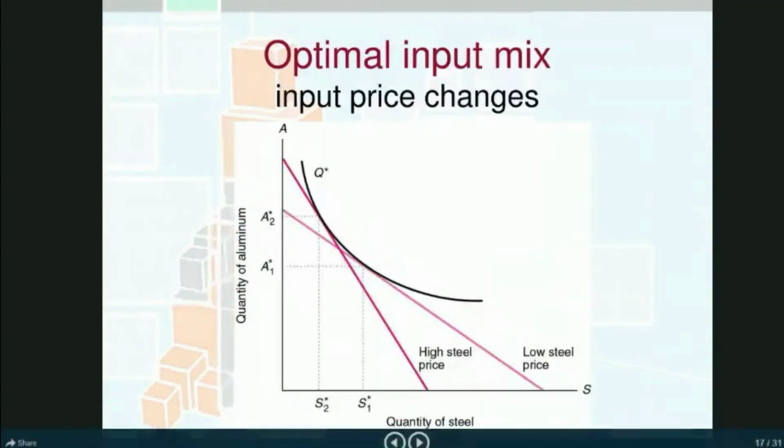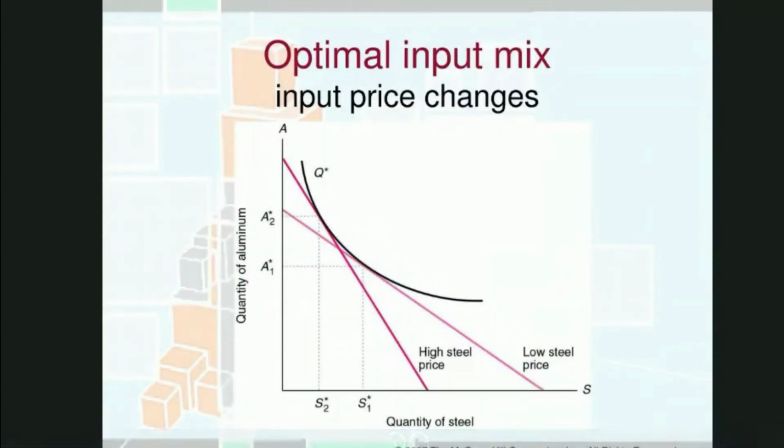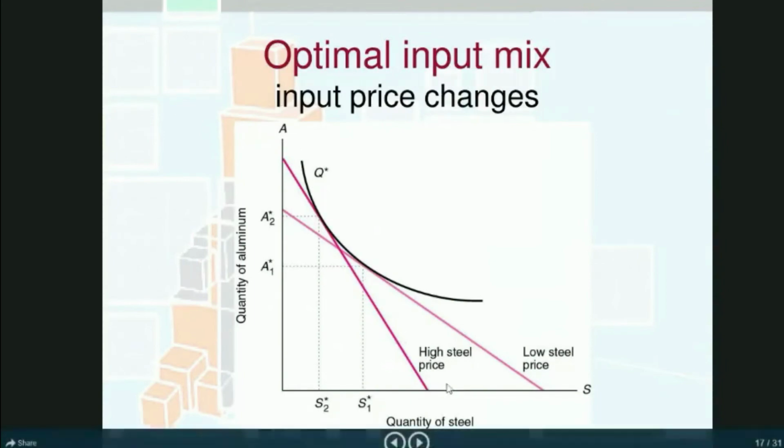So let's have this through a figure. Here is our figure. With a low price of steel, it is in this slope. With a high price of steel, it is in this slope. So here is our curve for our given output.